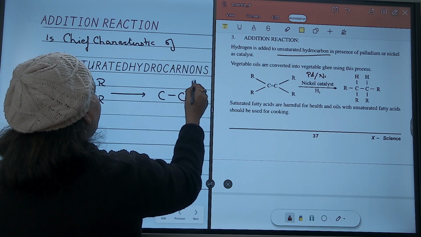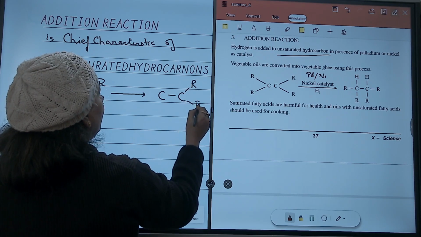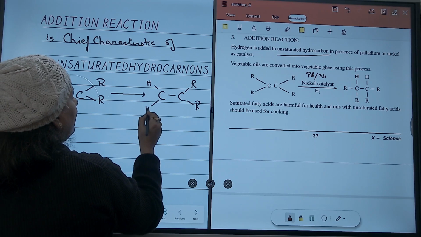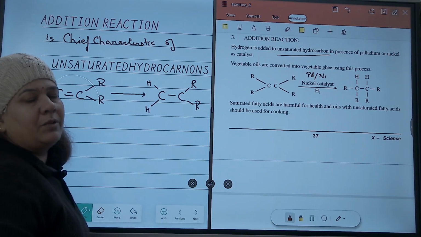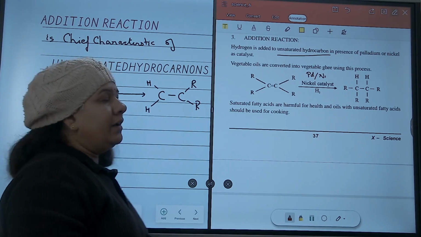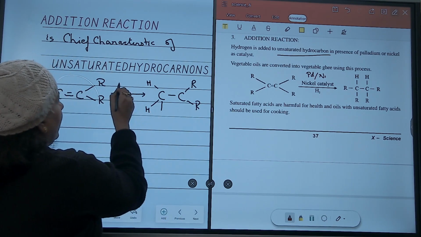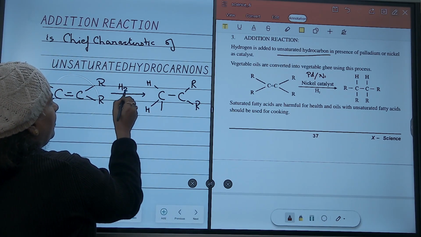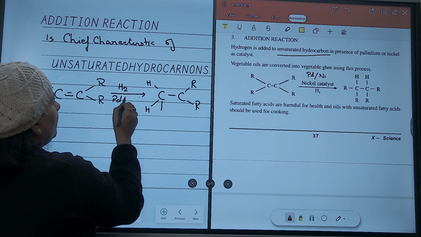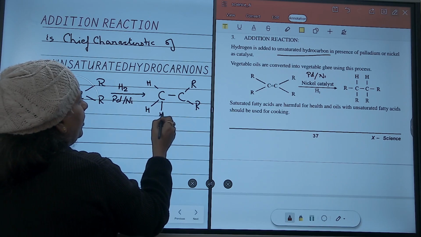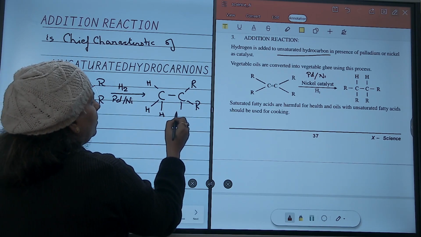The R will be present, H will be present, and see, the tetravalency of carbon is not complete. So hydrogen, if you are taking hydrogen in presence of palladium or nickel, so hydrogen atom will add on to these two carbons.